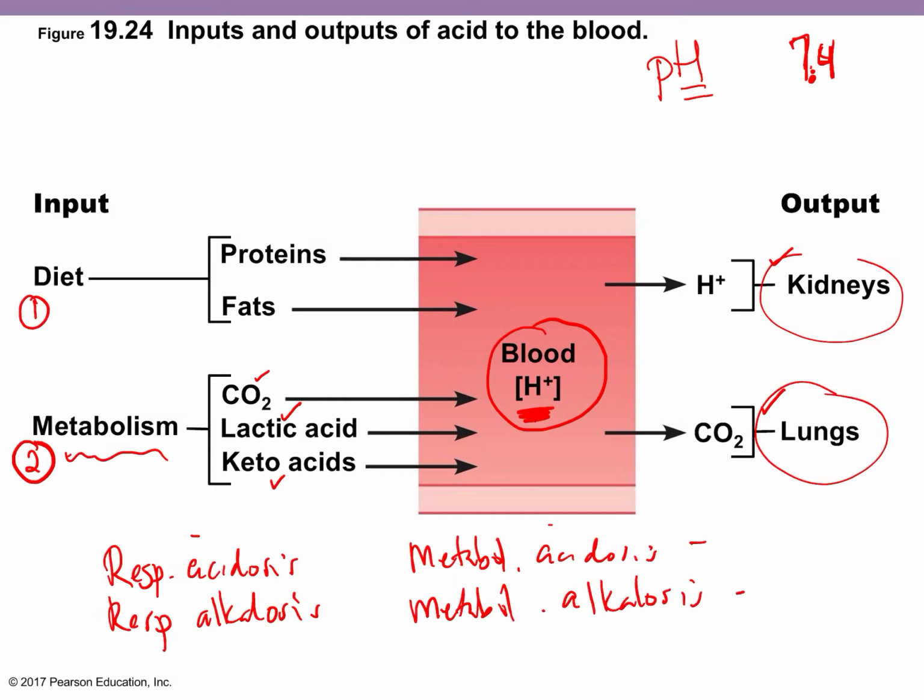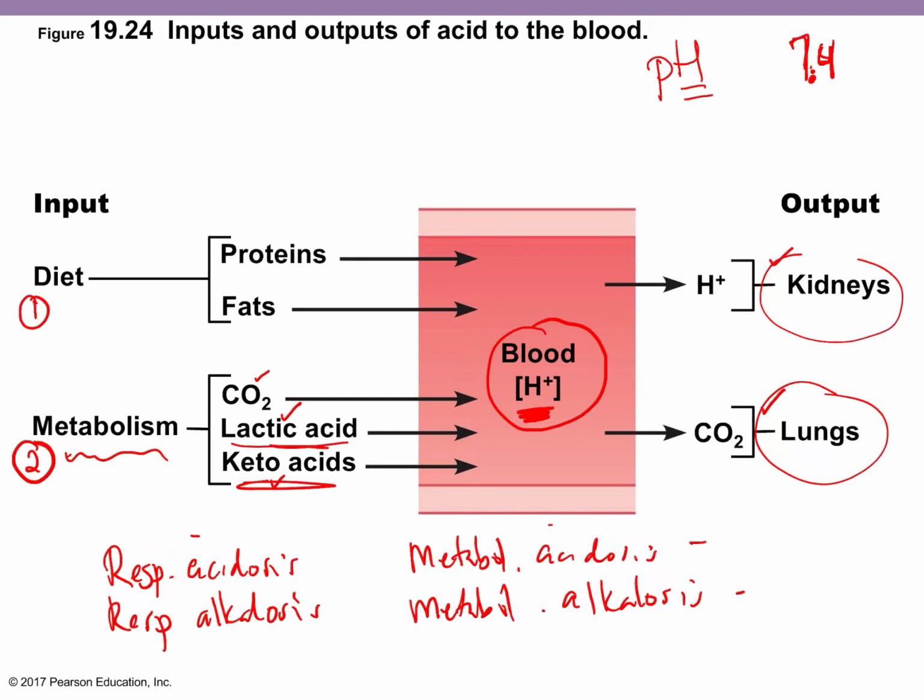And if you look at the metabolic disturbances, I have some examples listed. So metabolic acidosis, other than CO2, what can cause metabolic acidosis? A high protein diet, high fat diet. This is the keto diet, right? Because again, high protein, high fat, the byproduct of that metabolism is ketones, which is acid. It can be heavy exercise because heavy exercise is going to create lactic acid.